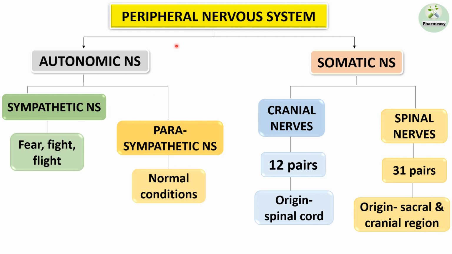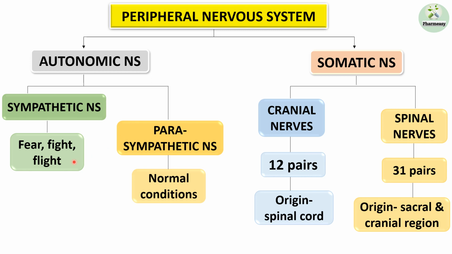Now, this is the classification of peripheral nervous system or PNS. It is divided into two categories, that is autonomic nervous system and somatic nervous system. Autonomic nervous system is further divided into sympathetic nervous system and parasympathetic nervous system.